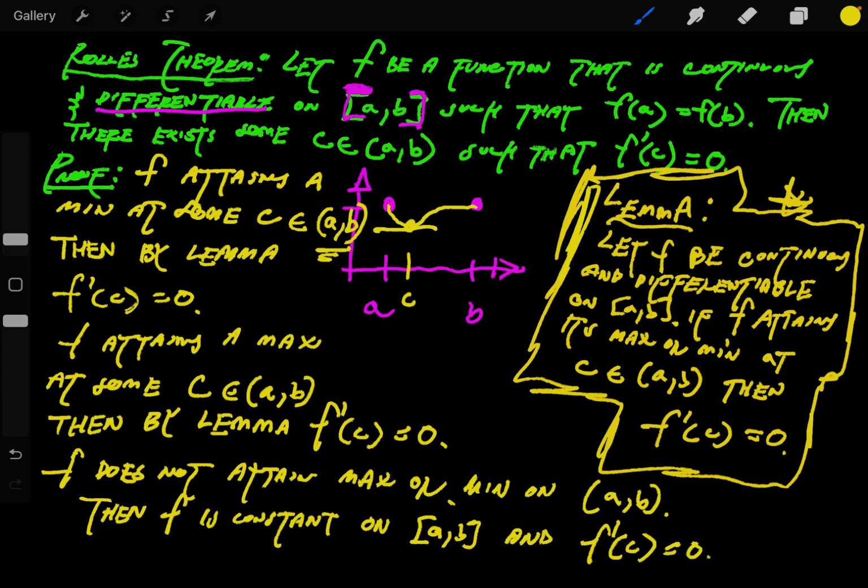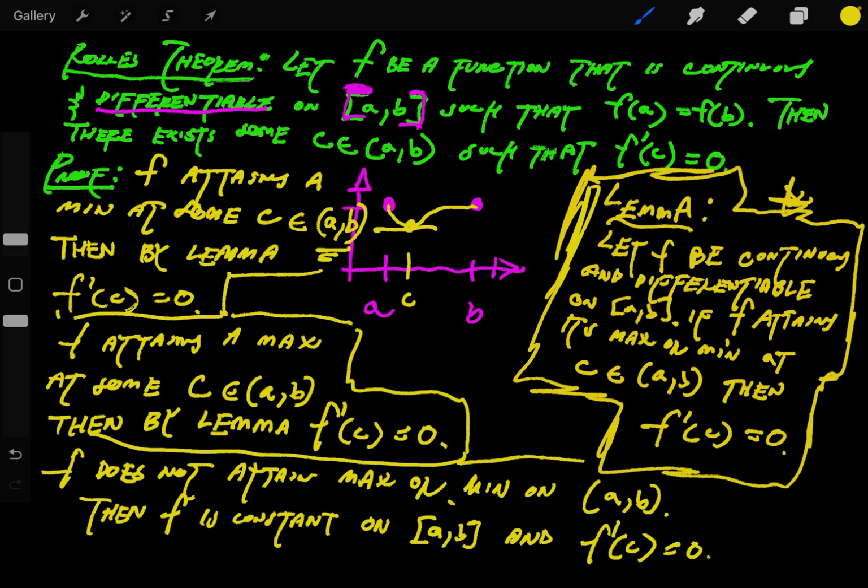So in all of these possible cases, these are 3 different cases, and every single f that meets these conditions will fall into one of these 3 situations. And in all three cases, there's always some C where the derivative is 0.